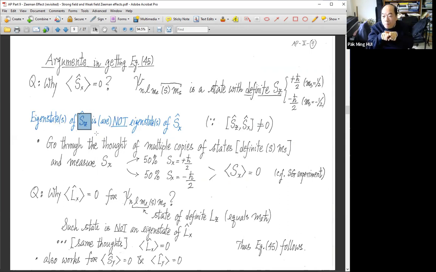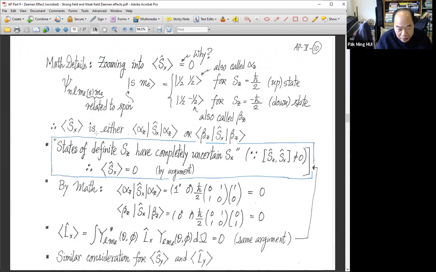There will be 2 beams coming out, 50% bend this way, 50% bend that way, meaning 50% will have Sx plus half, 50% minus half, the expectation value is 0. That is a more physical argument. If you don't like the physical argument, you like mathematics, this is the argument.